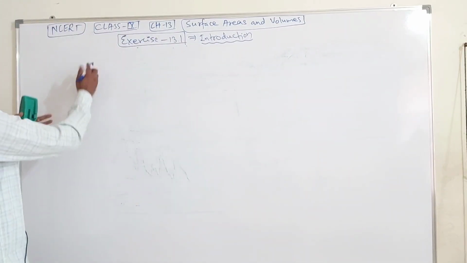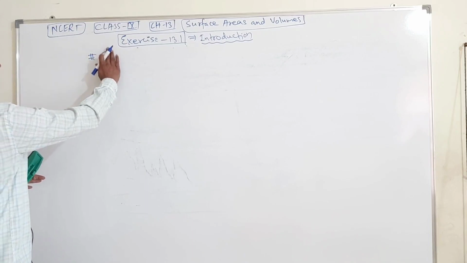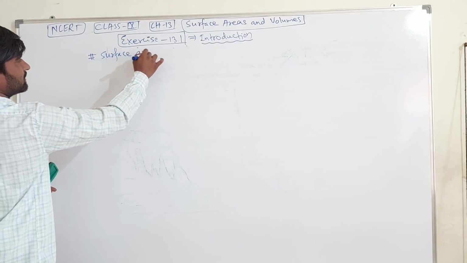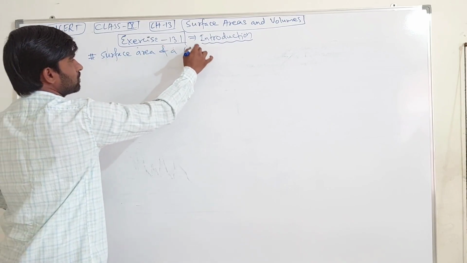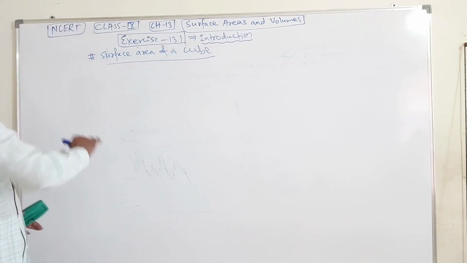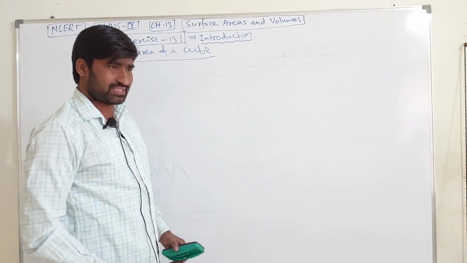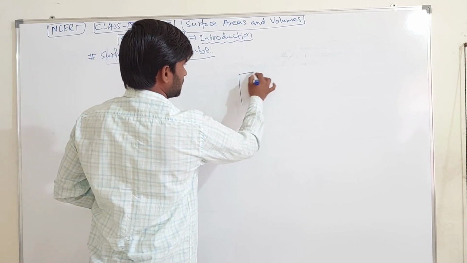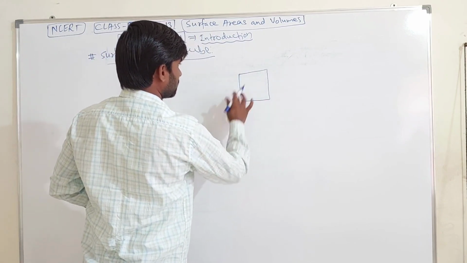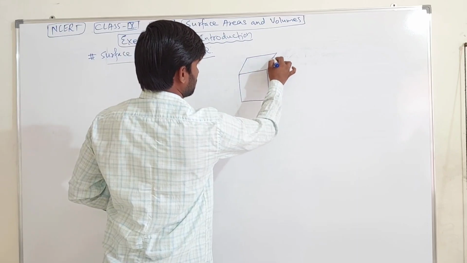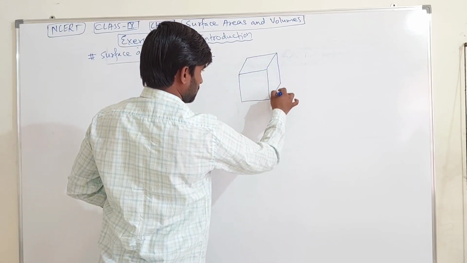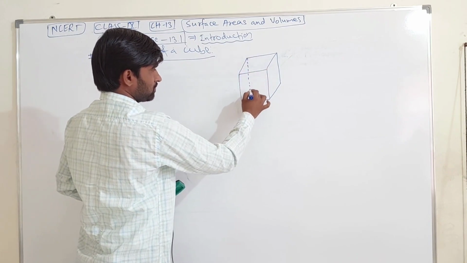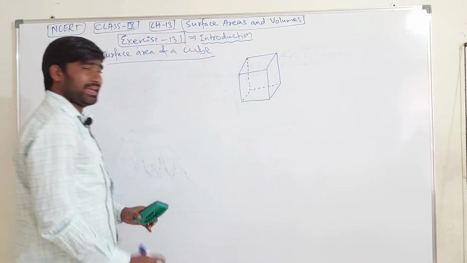The next topic is surface area of a cube. Cube, which is the example of dice. So the diagram will look like this. Again here also the same.